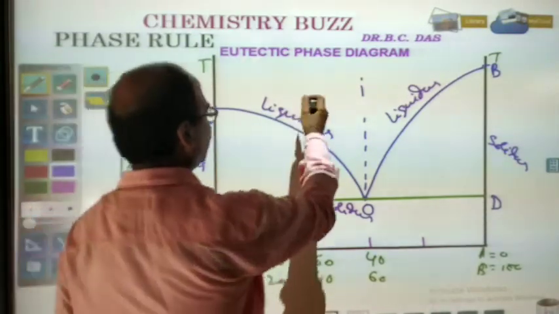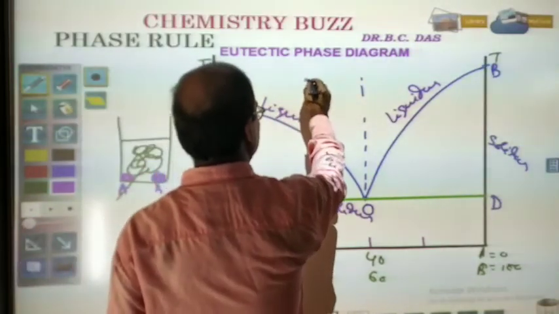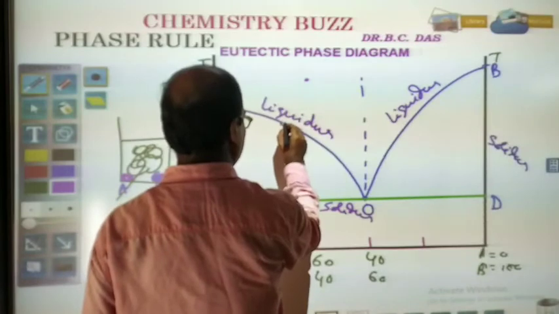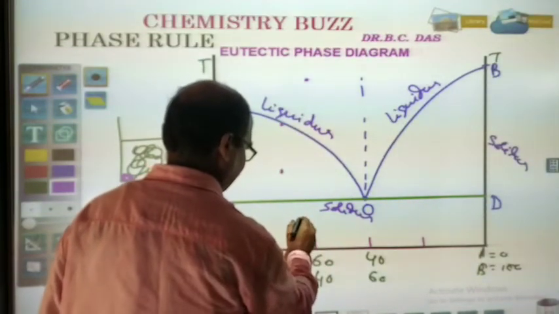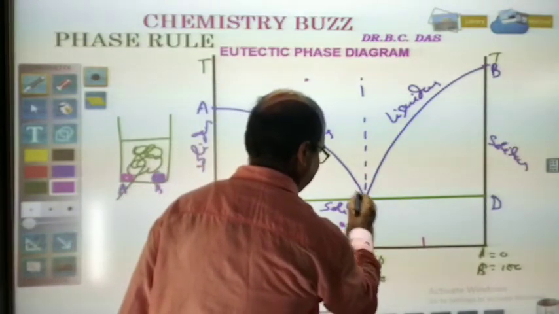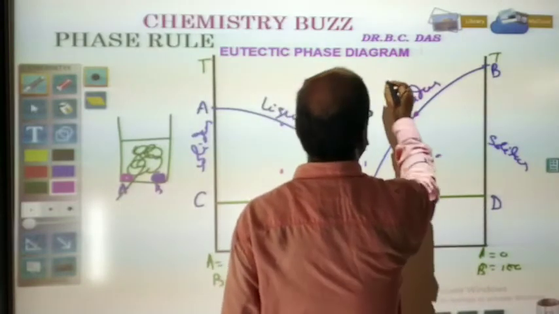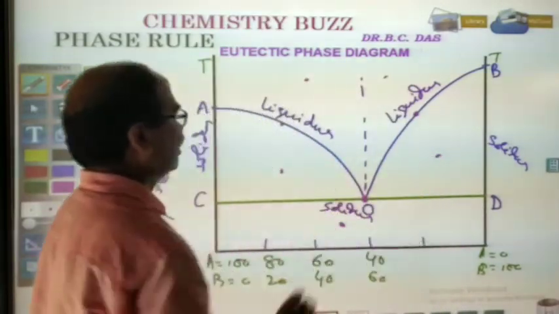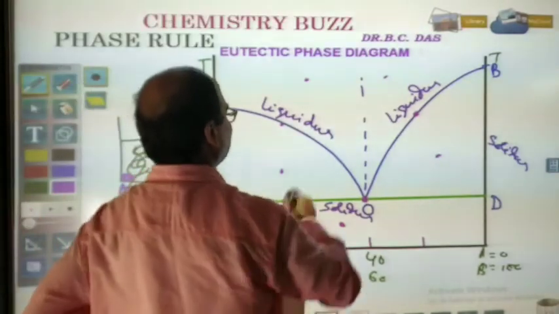composition of that point. Say we have taken a point here, another point here, and a point here. We will calculate the degree of freedom at these points.